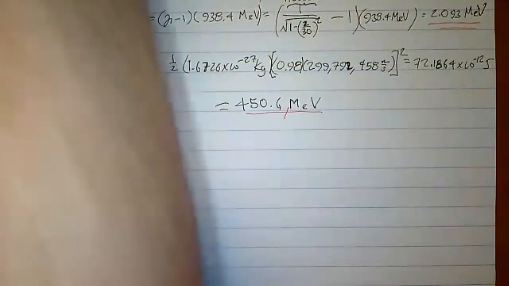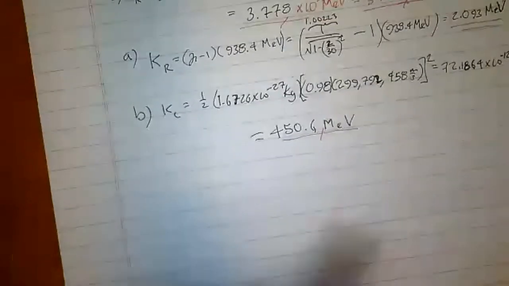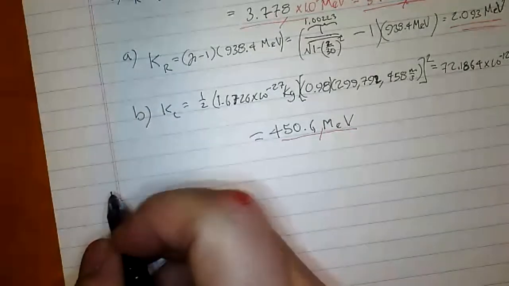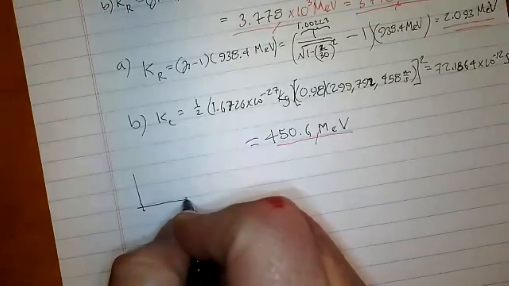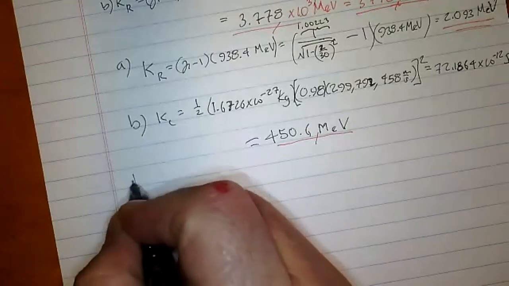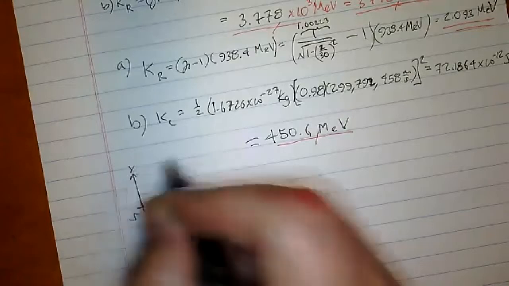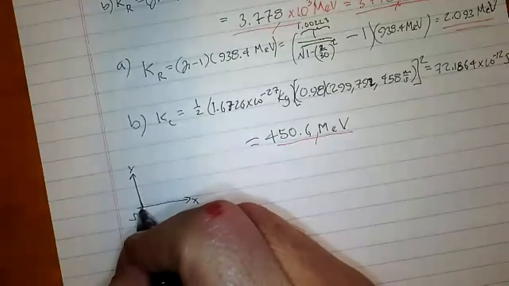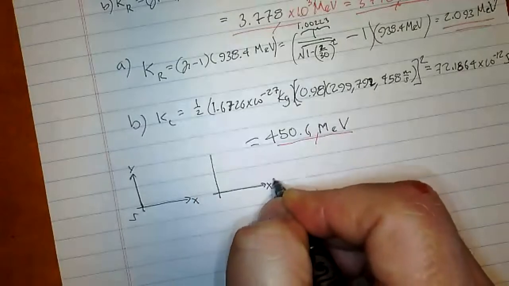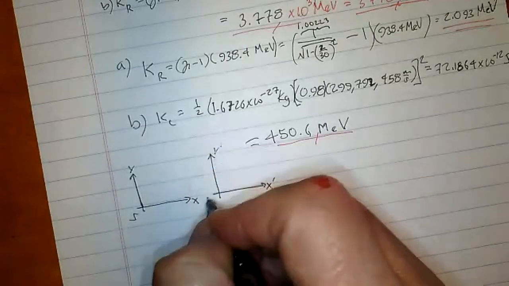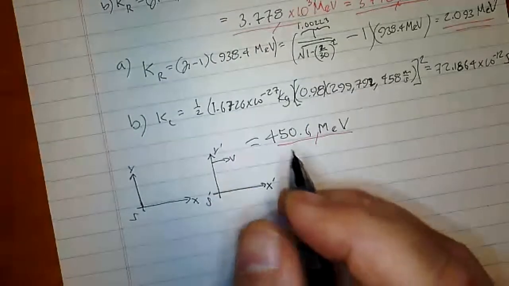Our Lorentz transformations are based on the Galilean transformations. Only the difference with the Galilean is there's no such thing as t and t prime. They're both the same. So Galilean coordinates, if you had a coordinate system sitting still, call it S, and it had an x-axis parallel to the other one's x-axis, and in fact at t equals 0, the origins were the same, then you could have an x prime, y prime coordinate system that we call S prime, and that happens to be moving with a velocity v.